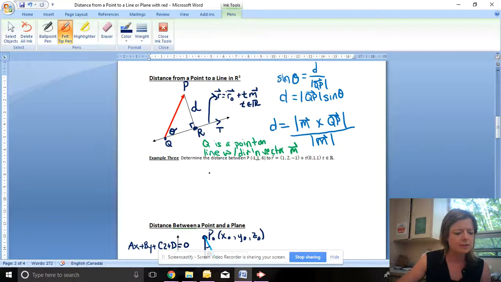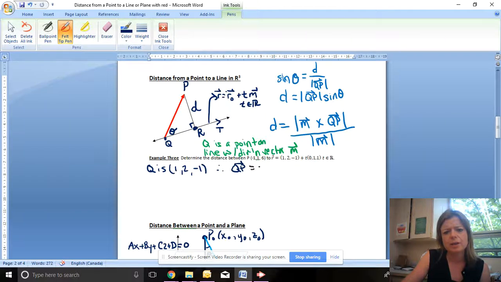The first thing we want to do is determine what P and Q are. We know P is the point, and Q is the point on the line, (1, 2, -1). So what we want to do is find QP. That's OP minus OQ, and in this case it is (-2, -1, 7).